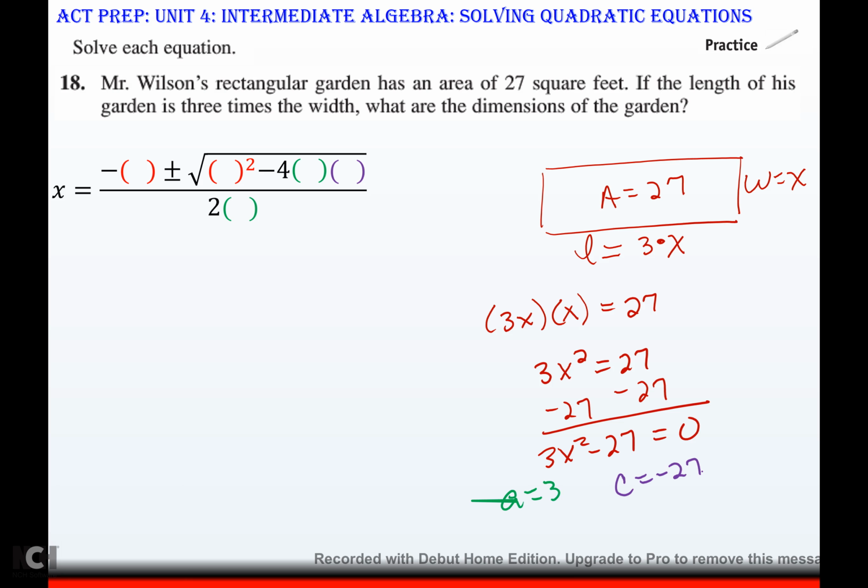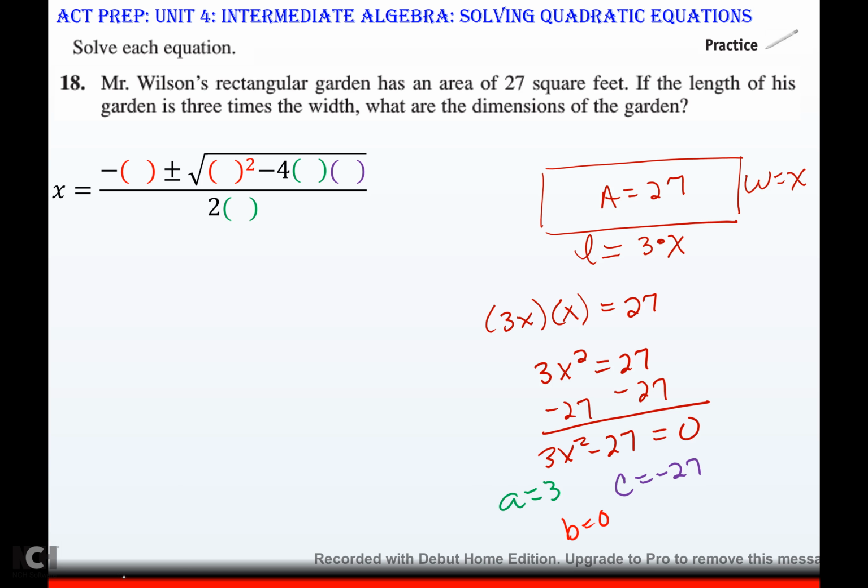Oh no, I don't have an x to the first, so what's b? Well, if you don't have a b, it's 0. I could actually solve this one faster just using algebra instead of the quadratic formula. But just so you can see, when you have a term missing, whatever term's missing, the value of that coefficient is 0.